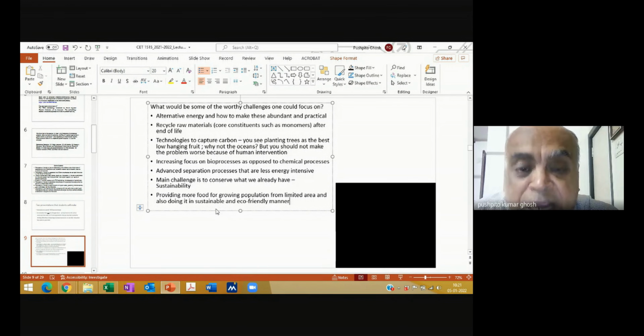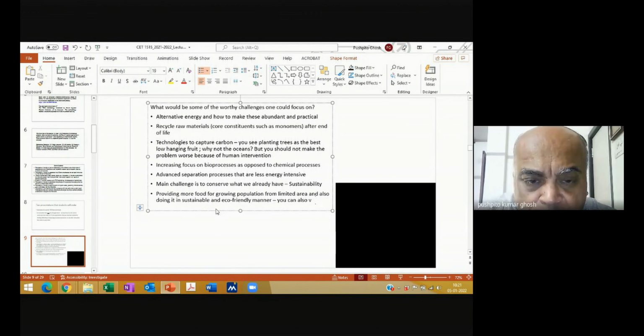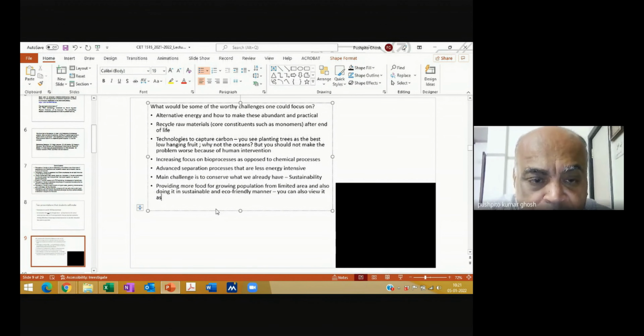In fact, you can also view it as a contradiction, where one will improve and the other will worsen if you are not careful.